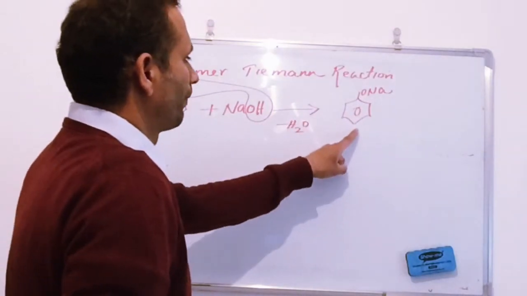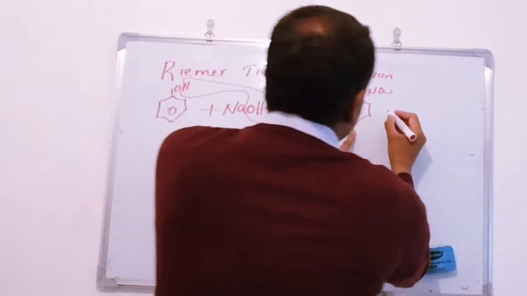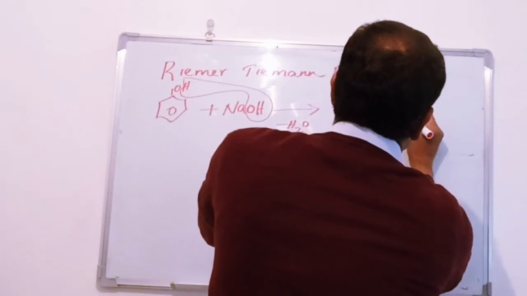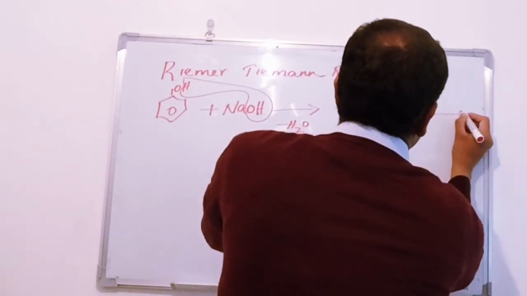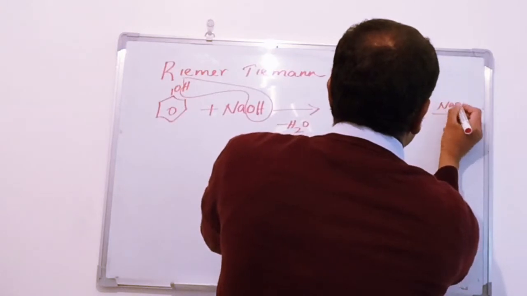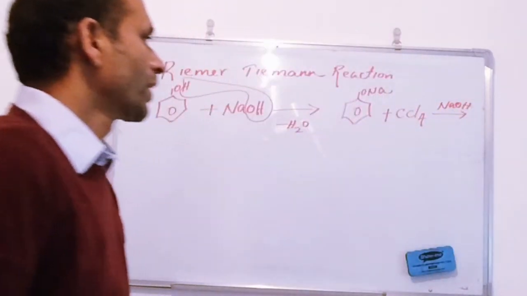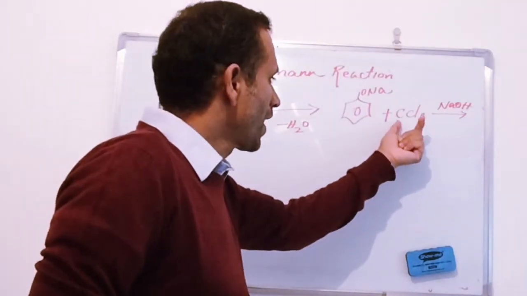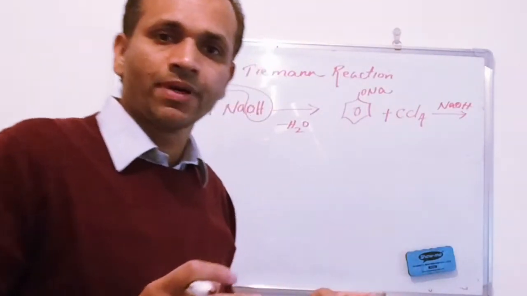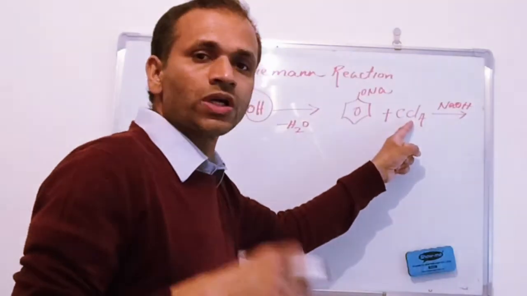So sodium phenoxide is formed here, and the sodium phenoxide is treated with carbon tetrachloride in the presence of sodium hydroxide. In the previous reaction we used chloroform. Here it is carbon tetrachloride, because the carbon is attached to 4 chlorine atoms.